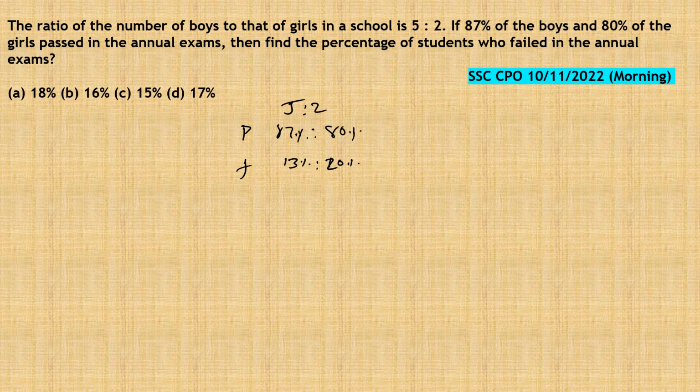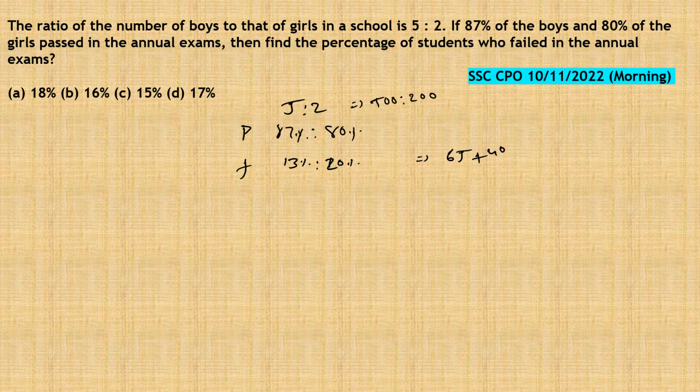We need to find the total percentage of students who failed in the examination. That means 13% of boys. We can use 500 and 200, as it is in the ratio. You can take any value in the ratio. 13% of 500 is 13 5s are 65, plus 20% of 200, that is 40.